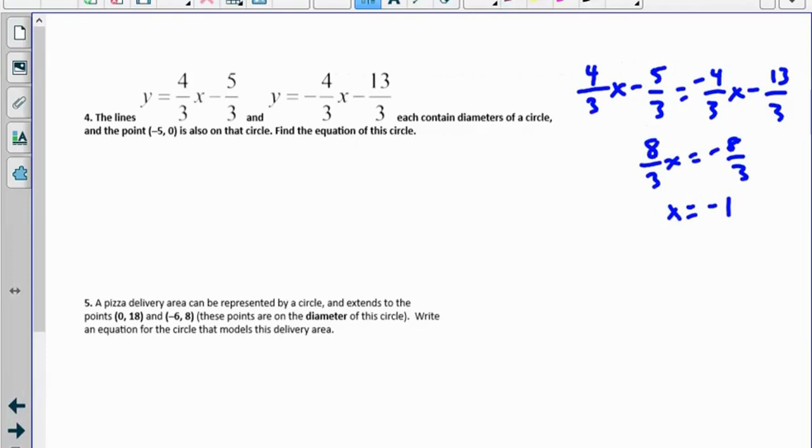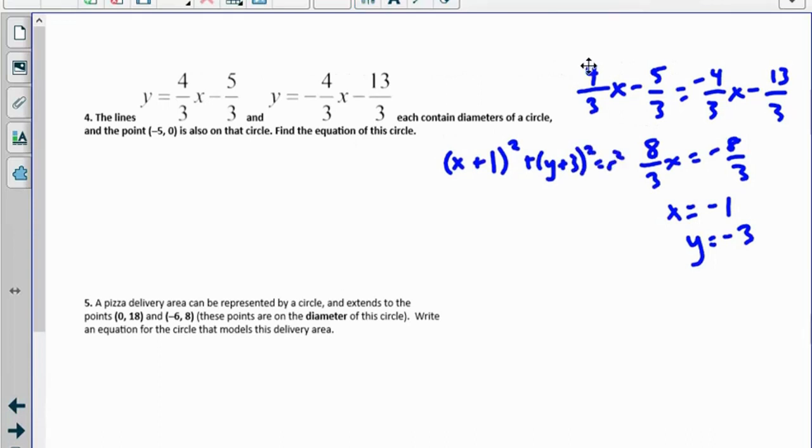Now when we substitute negative 1 back in for x, we will find out that y equals negative 3. So we have the equation x plus 1 squared plus y plus 3 squared equals r squared.